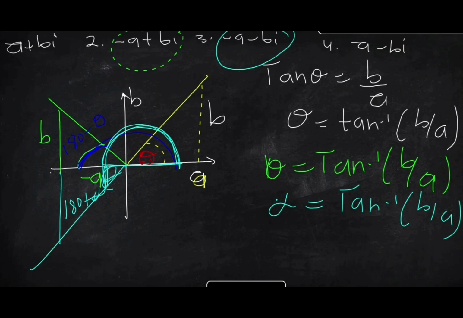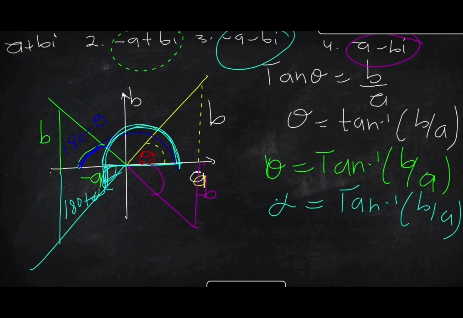The last example is when A is positive and B is negative. That lies in the fourth quadrant. So in the fourth quadrant, our B is negative and our A is positive. So you want this angle.